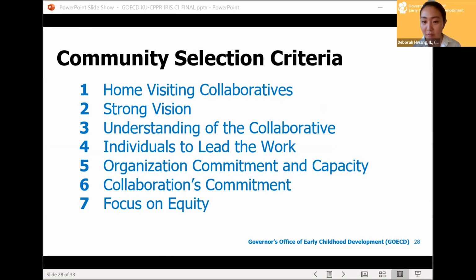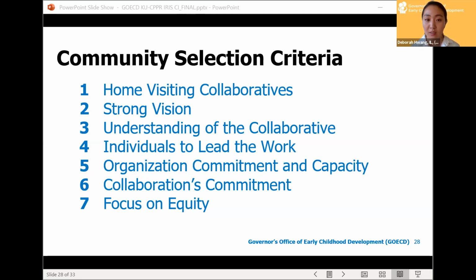So for the PDG B-5 project, we selected 4 home visiting communities based off of this criteria. And a lot of this Mary has already gone through on what is required in the IRIS implementation work to be successful. A couple things I do want to point out is that our funding was really focused on providing IRIS and TA support, but there was limitation to provide staffing support. So it was really important for us to choose communities that were as ready as possible to take on this work.